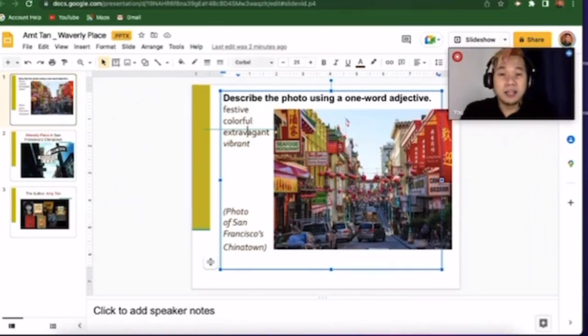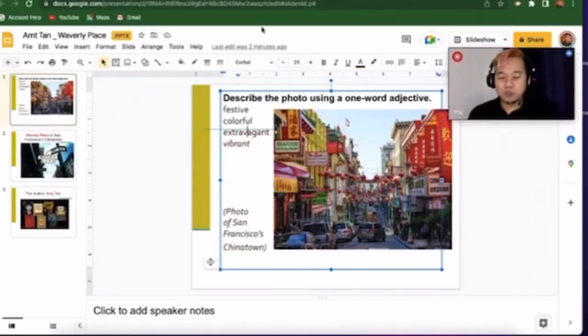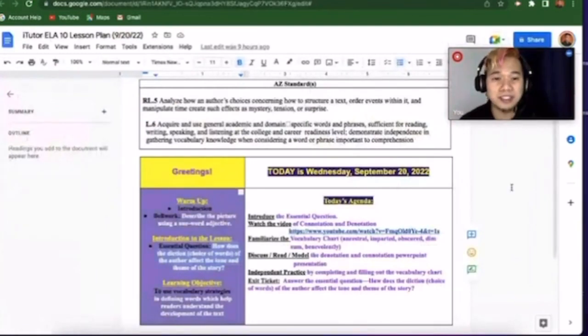Now, that's what we're going to learn for today. Basically, our topic for today will be focusing on the denotation, meaning the dictionary meaning of the word, and the connotation, or the emotional association of the word. So let's proceed now to our main topic.